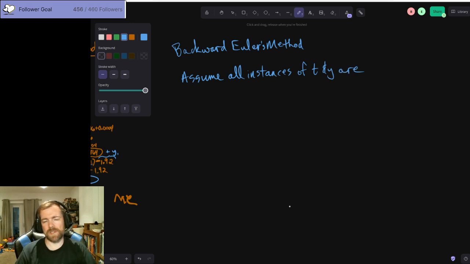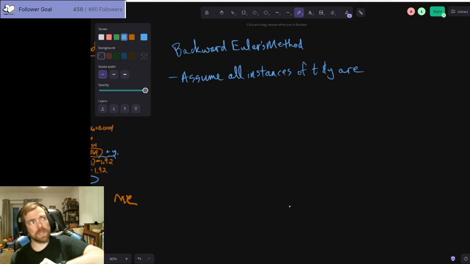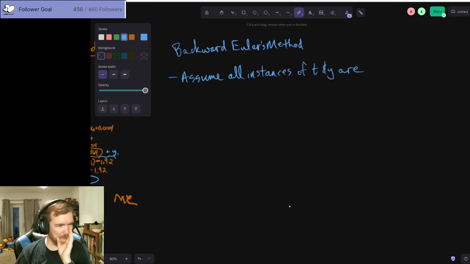So what we're going to do is assume that all instances of our t and our y in the slope are from the next value. So that's a little weird. If we use the exact same f function, we're not going to change anything really, and in fact we're going to keep almost the exact same Euler's method formula.